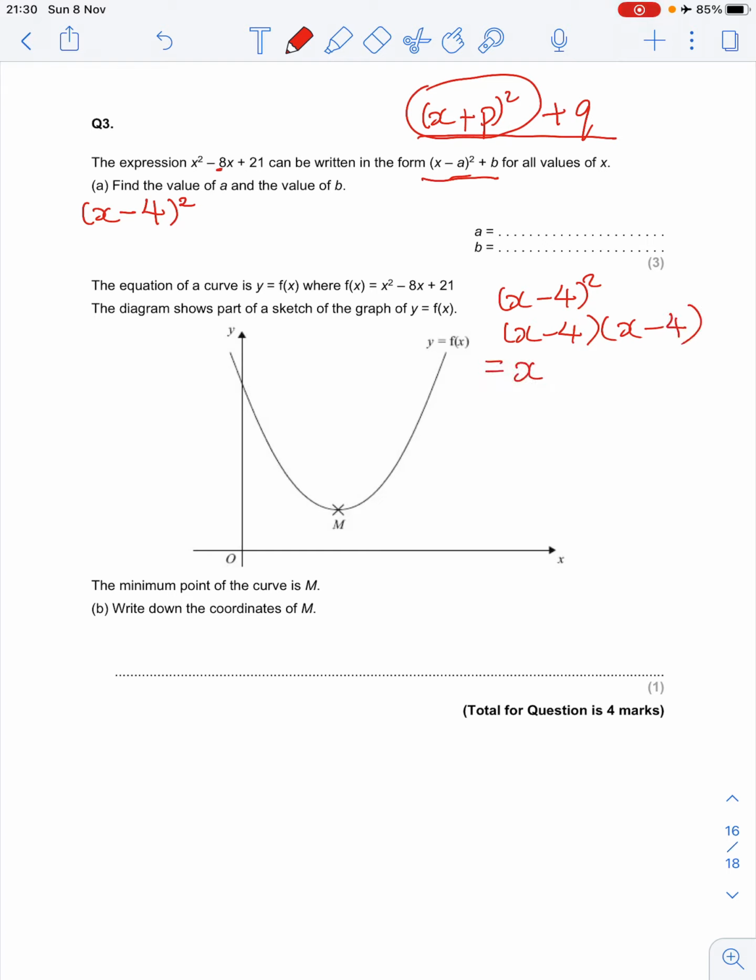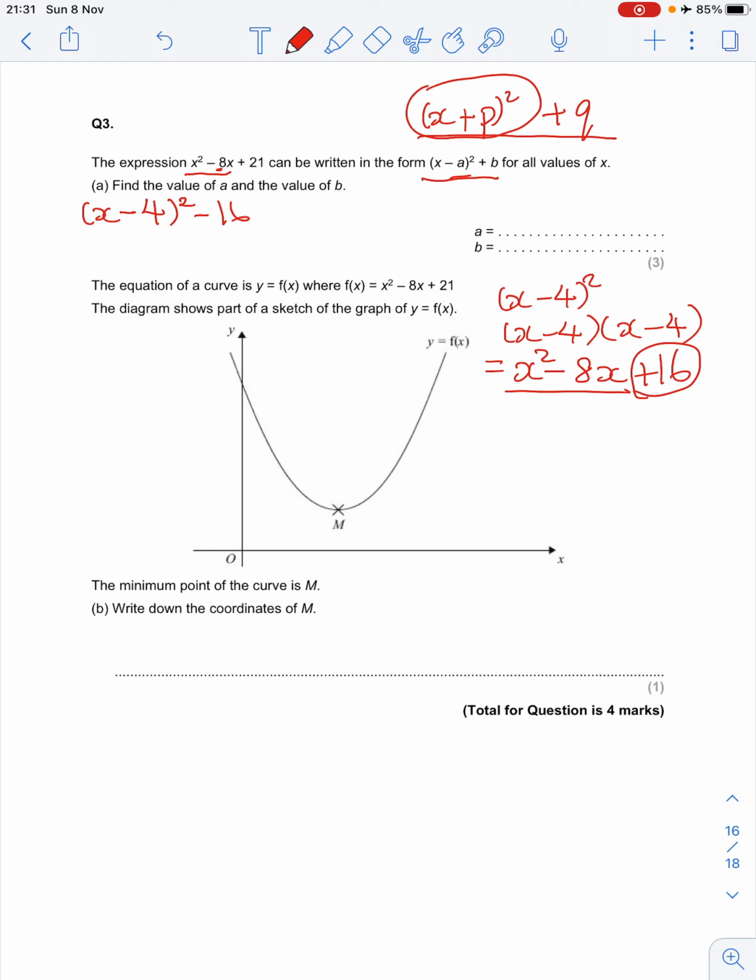So this is the same as x squared minus 8x plus 16. But we only want x squared minus 8x. So we want to get rid of the plus 16.